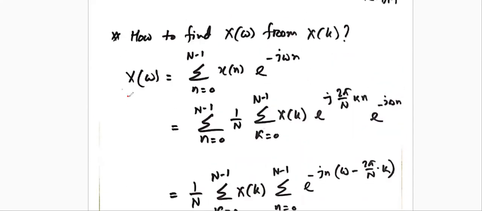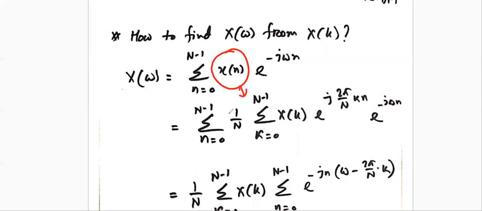So as we know, X(omega) is equal to this, according to the discrete time Fourier transform. And now according to this, what is x[n]? According to the inverse discrete Fourier transform, we can write this portion.